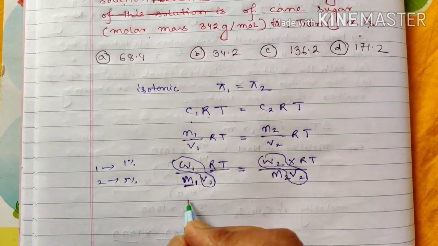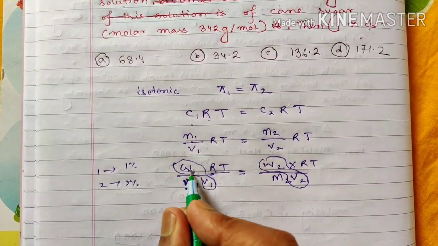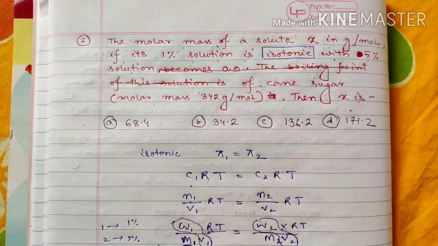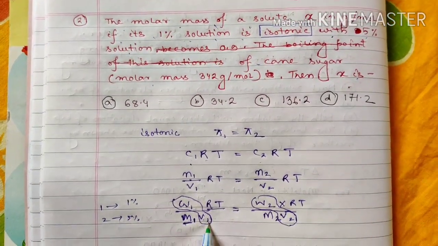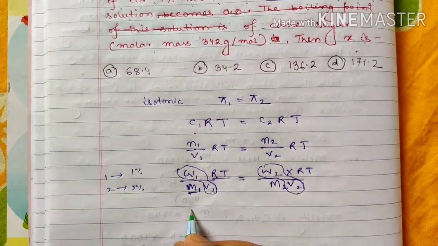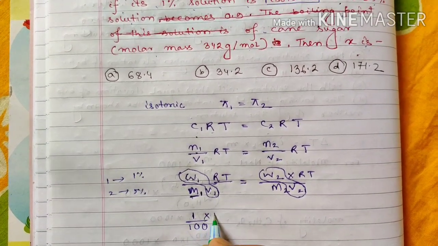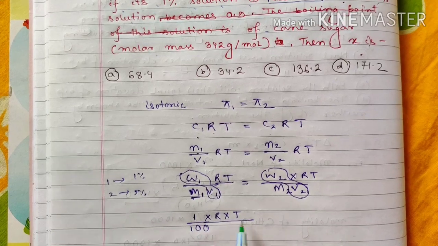So for solution 1, if we consider this much is X and W1 by V1 is 1%, so we can consider W1 by V1 as 1%. That means it is 1 by 100 into R into T.